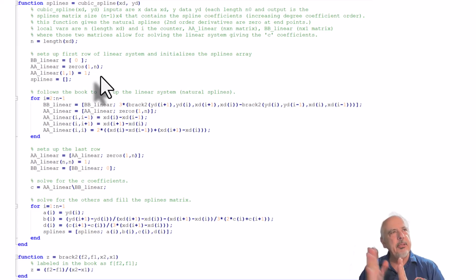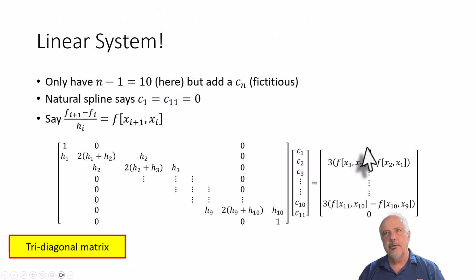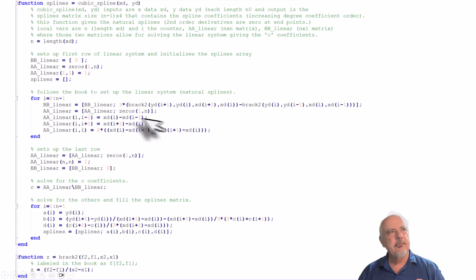Okay, so for the BB linear, we're going to set up the first row of that. It's just 1, 0. So I'm kind of just walking through. That right there is the very first one. And then my AA linear, I'm going to initialize it as all zeros. So it's going to be a 1 by 11 in our example.